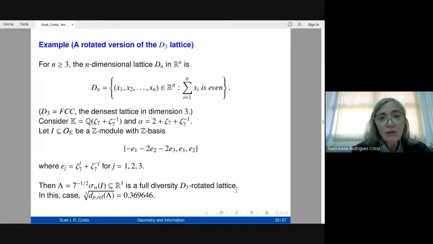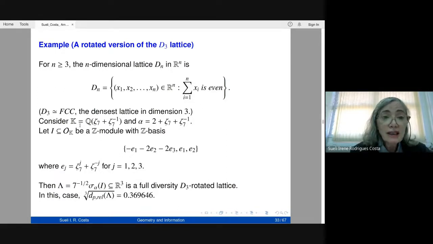This is a very small example. If you consider the n-dimensional lattice, this is the definition of the D_n lattice, which is just defined by, here is wrong, this is Z^n, integer numbers, please, sorry for that. This is Z^n, integer numbers, such that the sum is even. This forms a lattice in R^n, and in R^3, this is equivalent to the FCC, the densest lattice in dimension 3. In fact, they provide the densest lattices in dimensions 3, 4, and 5, right?